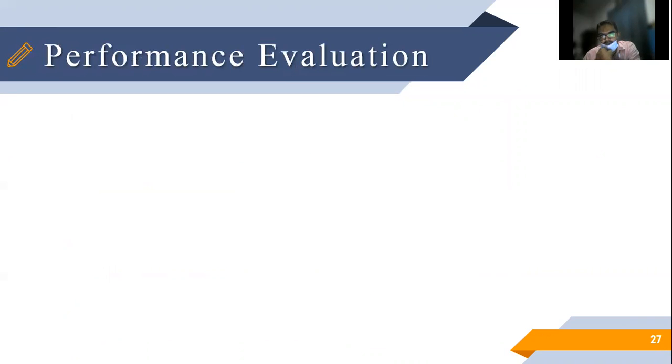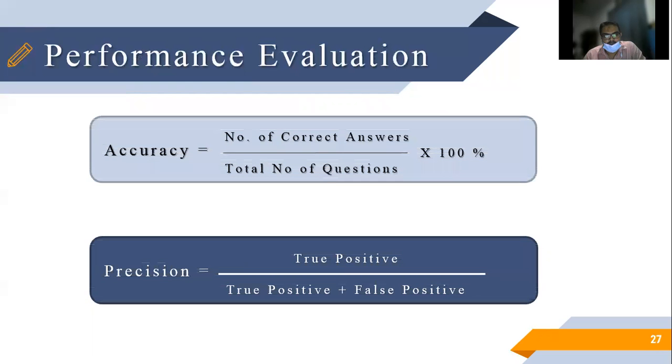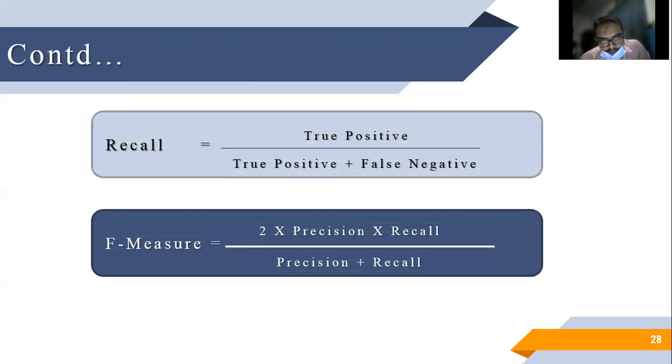Now we have both systems, the web-based system and the ontology-based QA system. So we need to compare the performance of these two question answering systems. For that, we need some performance parameters: accuracy, precision, recall, and F measure.